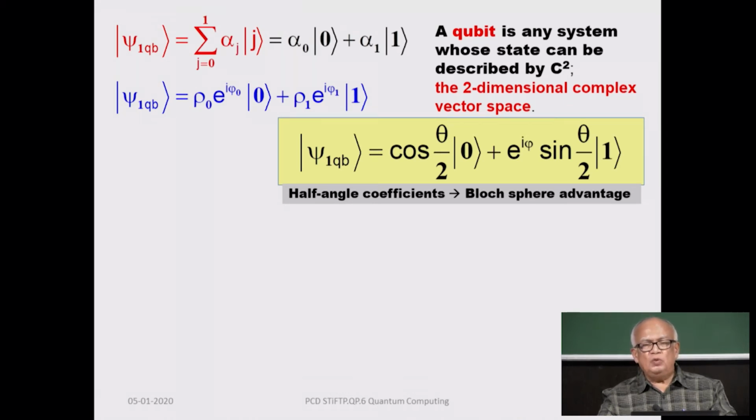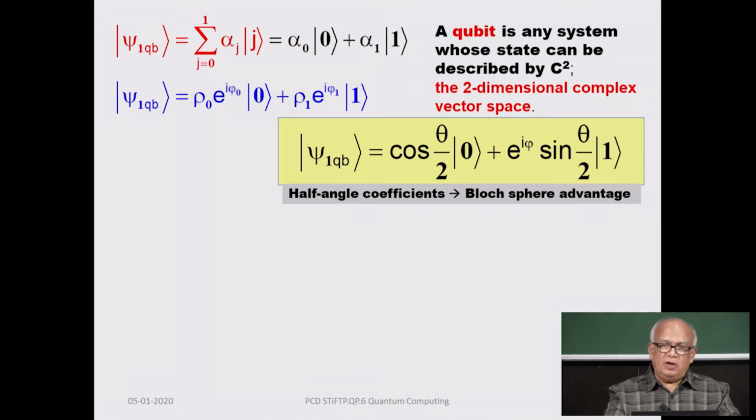But using half angles is something that you will find to be of great advantage now, and this is for a reason of representing the qubit on what is called a Bloch sphere, which I am about to describe.